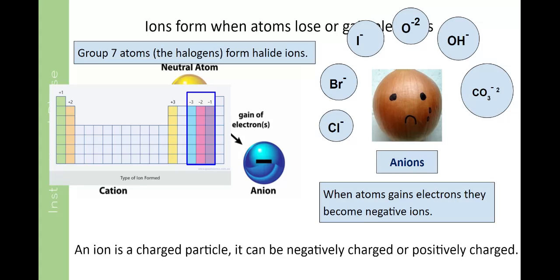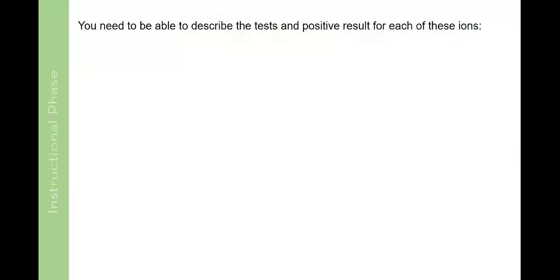Now, that is what we call a carbonate ion, and SO4 2-. And that is what we call a sulfate ion. Now, what you'll notice about these negative ions is that they are all non-metals. So you've got your halide ions, you've got your carbonates, and you've got your sulfate ion.